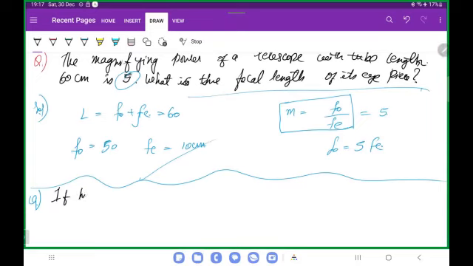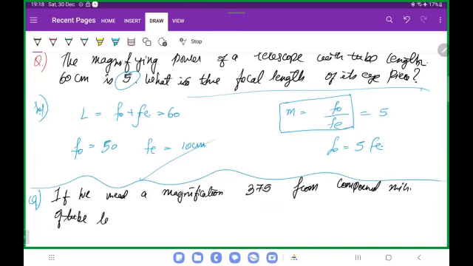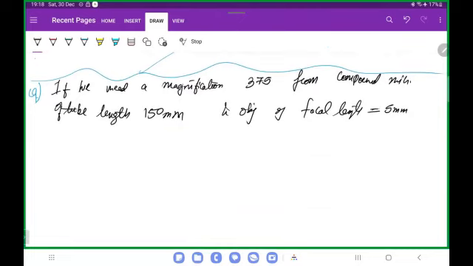Okay, if we need a magnification of 375 from a compound microscope of tube length 150 mm and objective of focal length 5 mm, the focal length of the eyepiece should be dash.